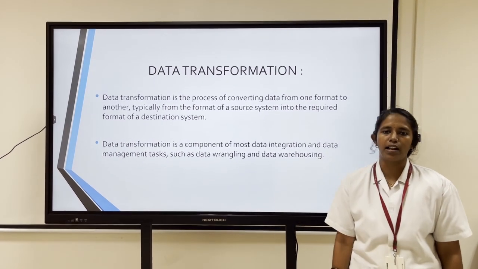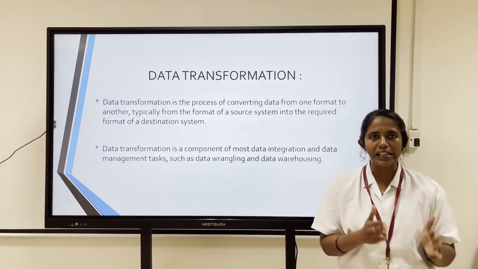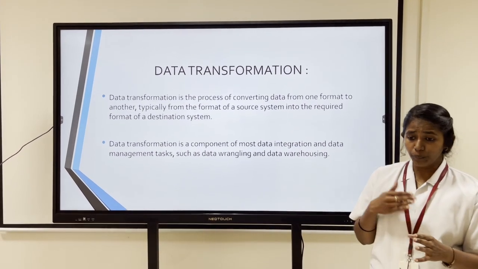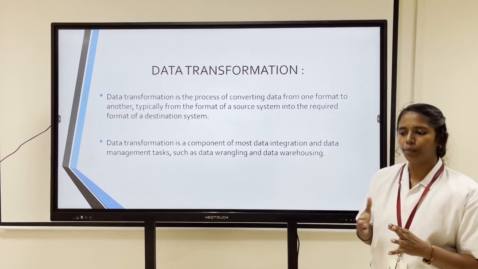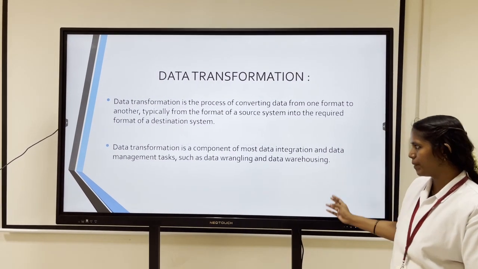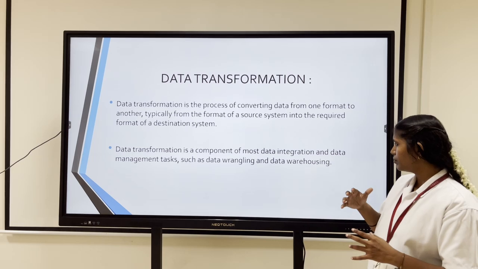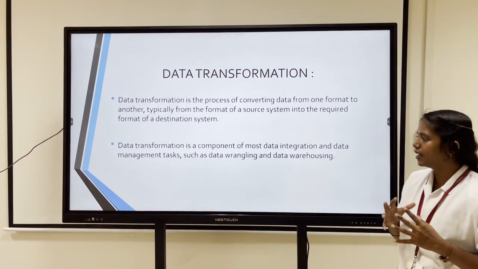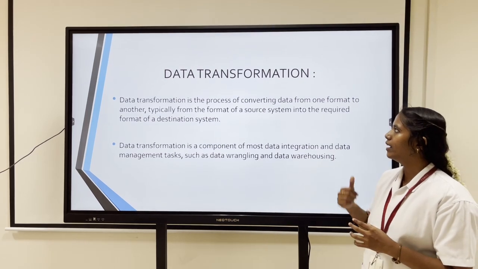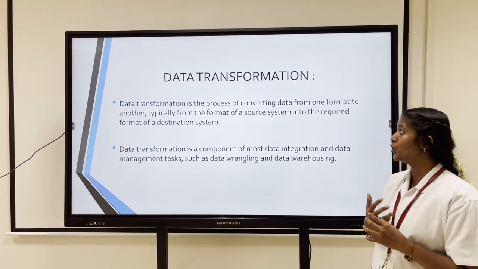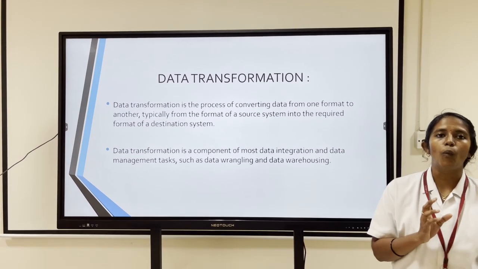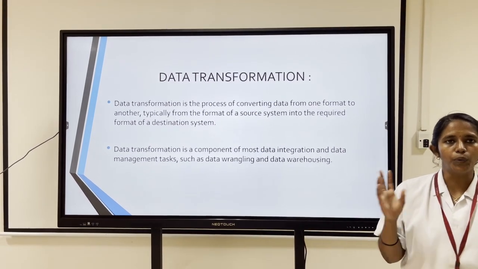Next one is data transformation. After the data cleaning and then data combining, the next process is data transformation. Data transformation is the integration of data management tasks, such as data wrangling, etc. In the data transformation, we process the entire thing and convert the data from one form into another form.